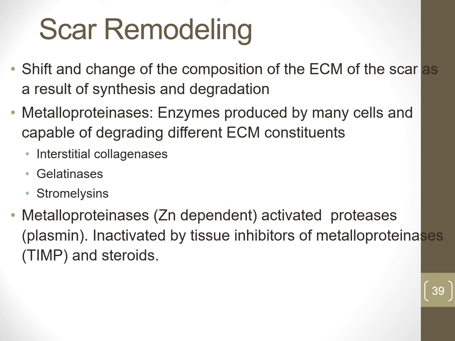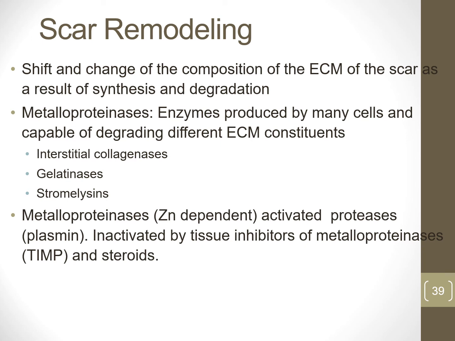The process of scar remodeling is important in order to restore the function of the tissue. So we have a proliferation of cells and we have deposition of extracellular matrix, but this process in the first part of healing will be, let's say, random, and it needs more organization by the process of scar remodeling.